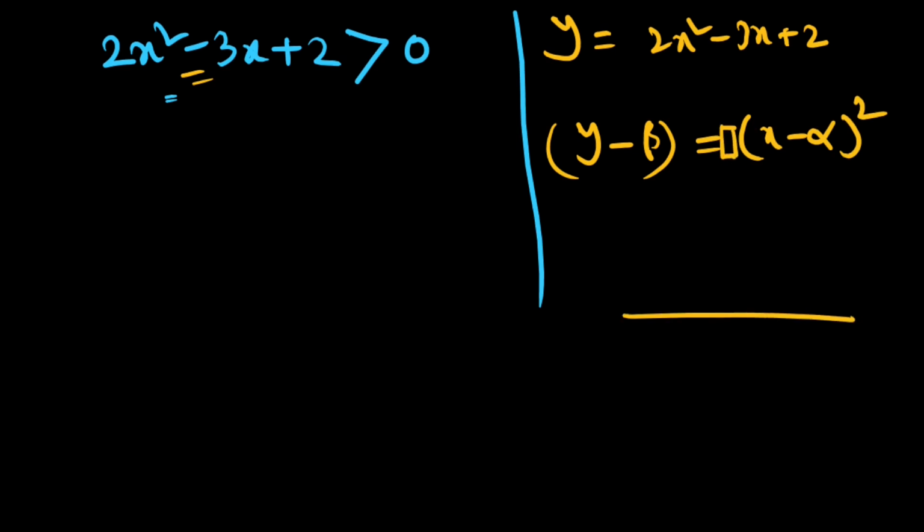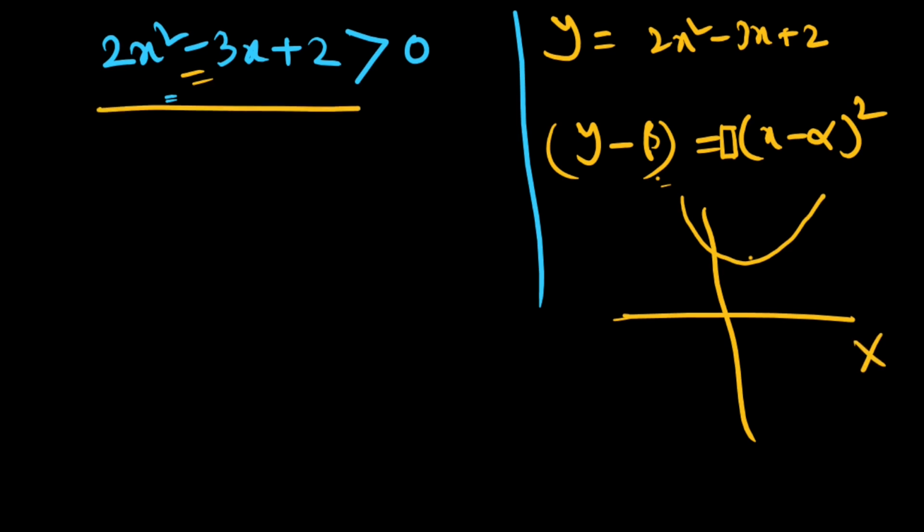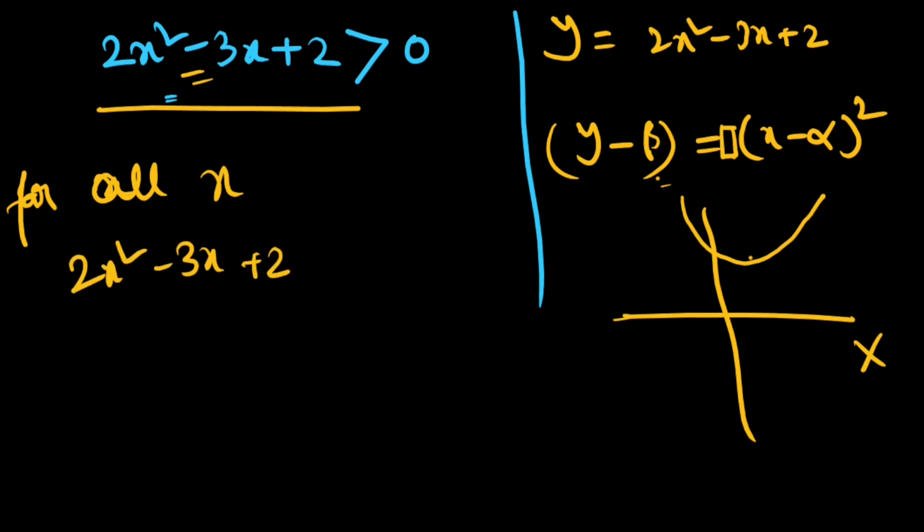So if you see, this is the parabola and this (alpha, beta) is the vertex. So it is like this. This value is strictly greater than 0, so it does not touch the x-axis. That means this value is strictly greater than 0, so it holds for all x. So for all x it is valid: 2x square minus 3x plus 2 is strictly greater than 0.